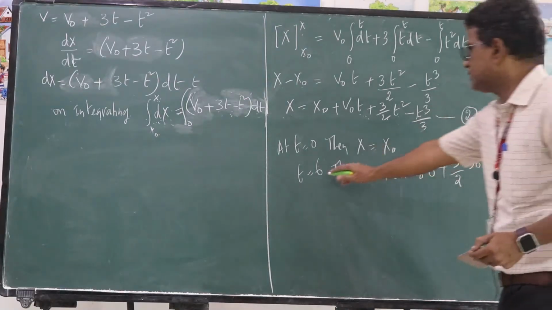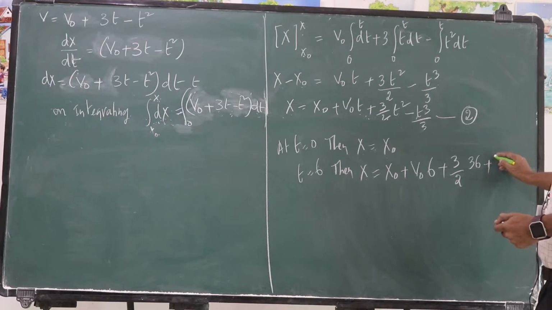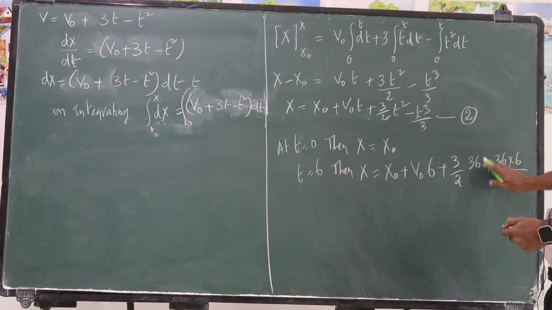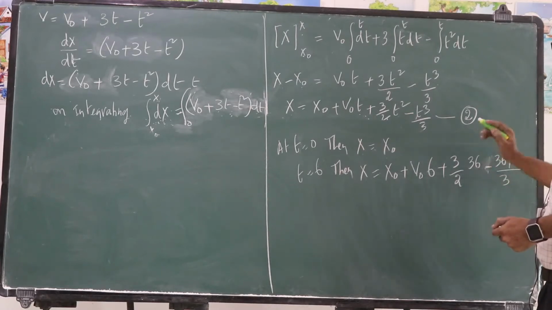What will you get? 6 cube is 36 into 6 by 3.